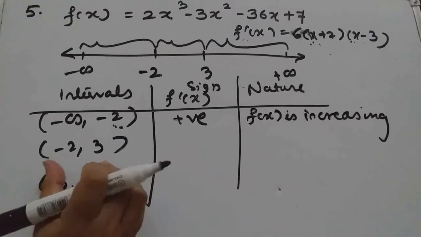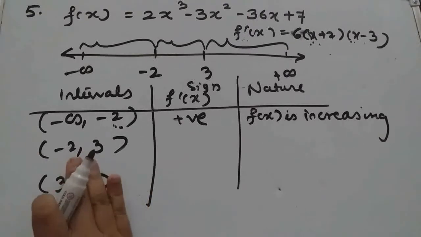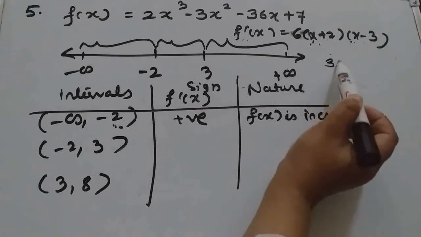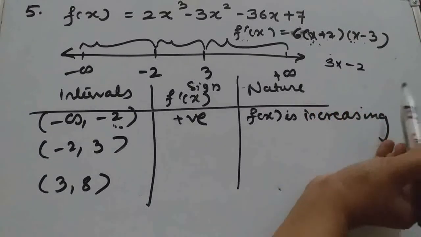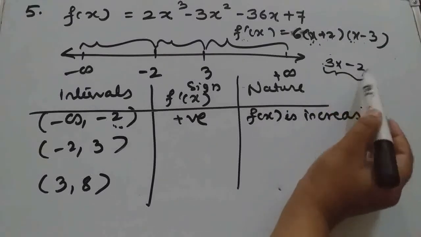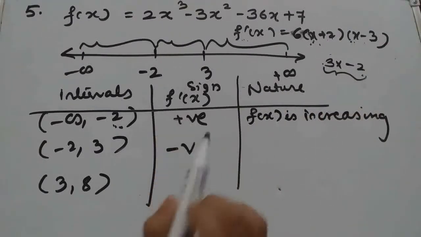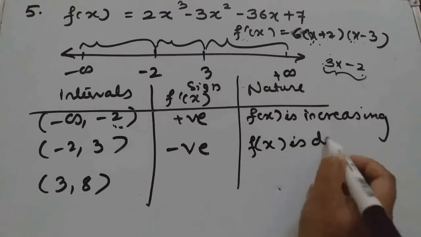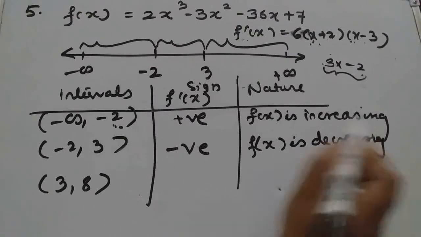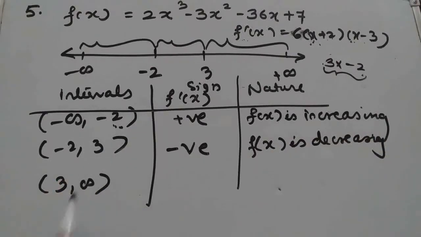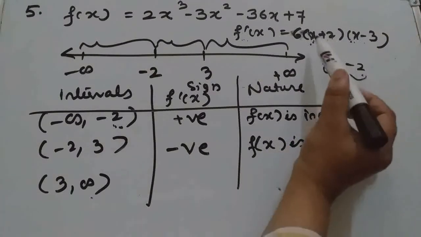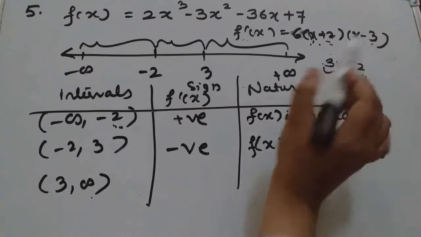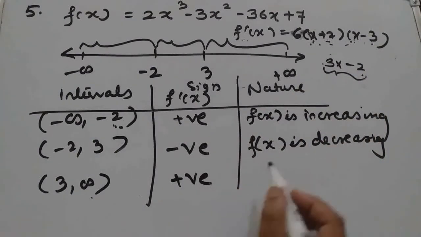Now between minus 2 and 3, suppose we substitute 1. 1 plus 2 is 3 and 1 minus 3 is minus 2, that means we get a negative answer. So the sign of f dash of x is negative. If the derivative is negative, we can write the function is decreasing. Then 3 to infinity, suppose we substitute 5: 5 plus 2 is 7, 5 minus 3 is 2, both positive, so the multiplication will also be positive.